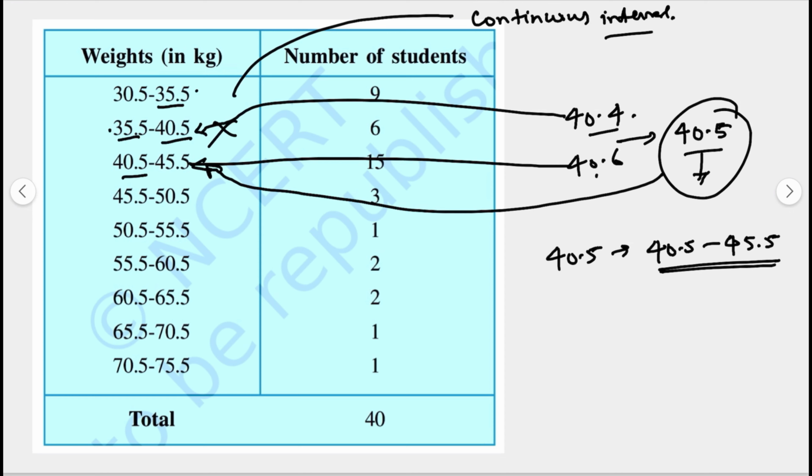That means in the higher interval, not the lower one. This is the lower one, which is 35.5 to 40.5. We will not include 40.5 in this one, we will include it in the next one, which is 40.5 to 45.5. I hope you have understood the concepts of what we have done here.